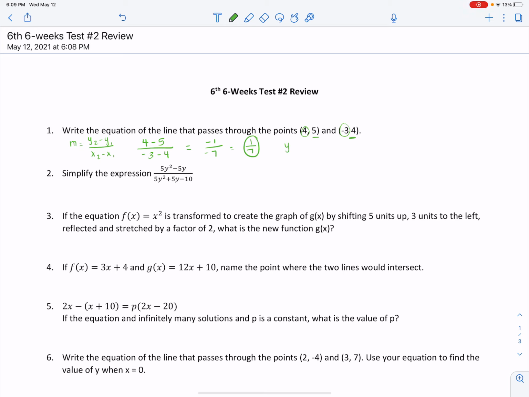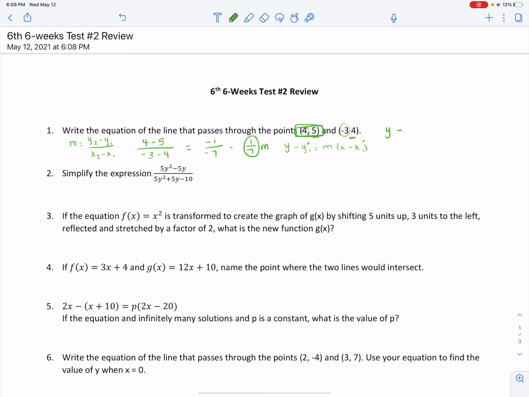Now I can use the point-slope form, because I have a point and a slope. So y minus y1 equals m times x minus x1. Your m is 1/7. Your y1 and your x1 are going to become one of the points. You can use either the first point or the second point. It doesn't matter, but you can't mix them.